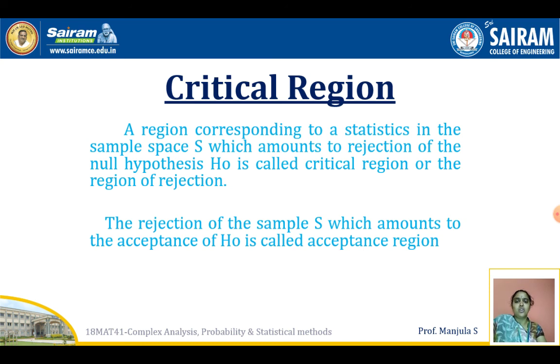The region which amounts to the acceptance of H0 is called the acceptance region. So the critical region is, in a normal curve, some standard point will be there. If the obtained value lies within that region, that is the acceptance region. If it is more than that, that is rejection. That is what they defined here.